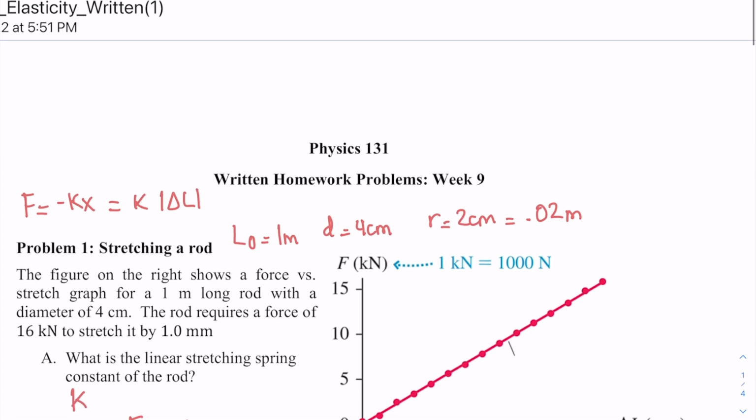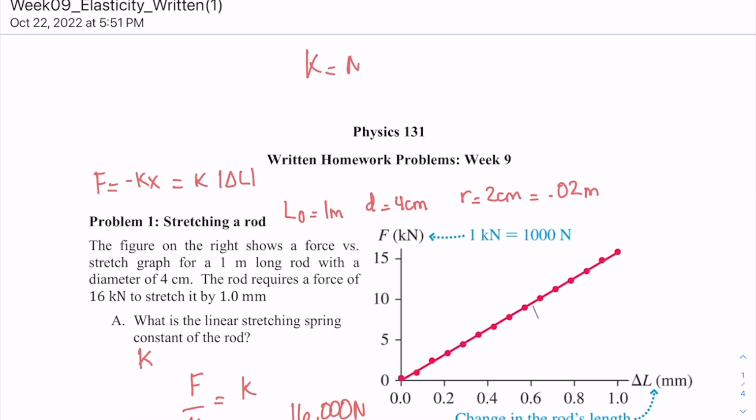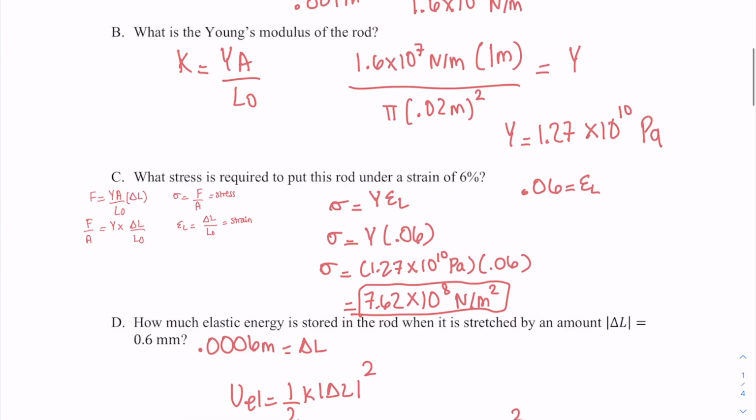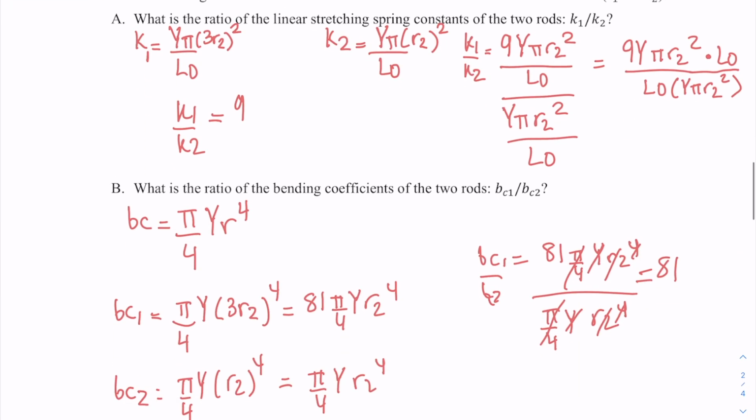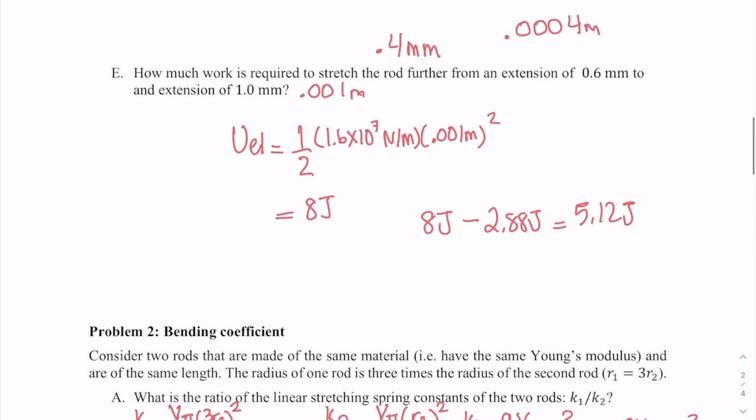So if we want to write this at the top here: spring constant is newtons per meter. Young's modulus is newtons per meter squared, or pascals. Bending coefficient is newtons times meter squared, or joules times meters. And let me see, am I missing anything else? I think that's it so far.